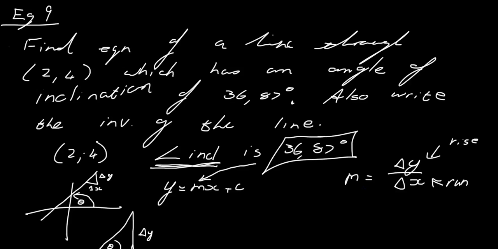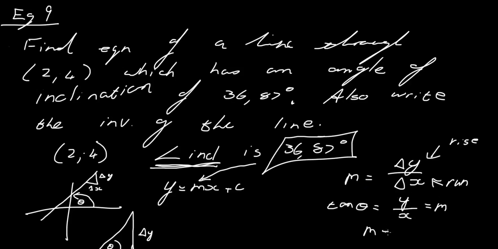Delta y, delta x, and the angle of inclination. Are you starting to see where this is going? We can use trig to find m, because tan theta equals y over x. And y over x is equal to m.